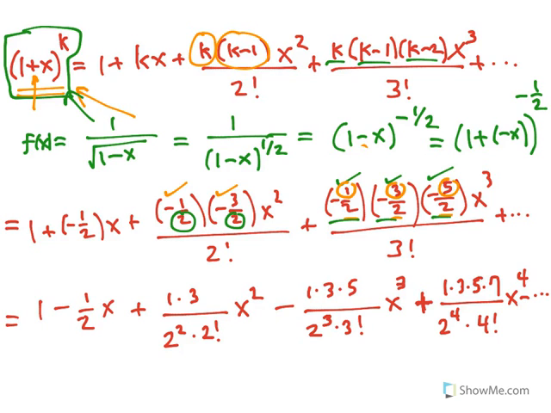And if you wanted to describe that using sigma notation, all you would have to do is the following. You're going to write 1 minus 1/2 x. And then you can start with your sigma notation here, starting at n is equal to 2, going to infinity, and I will have negative 1 to the n power.